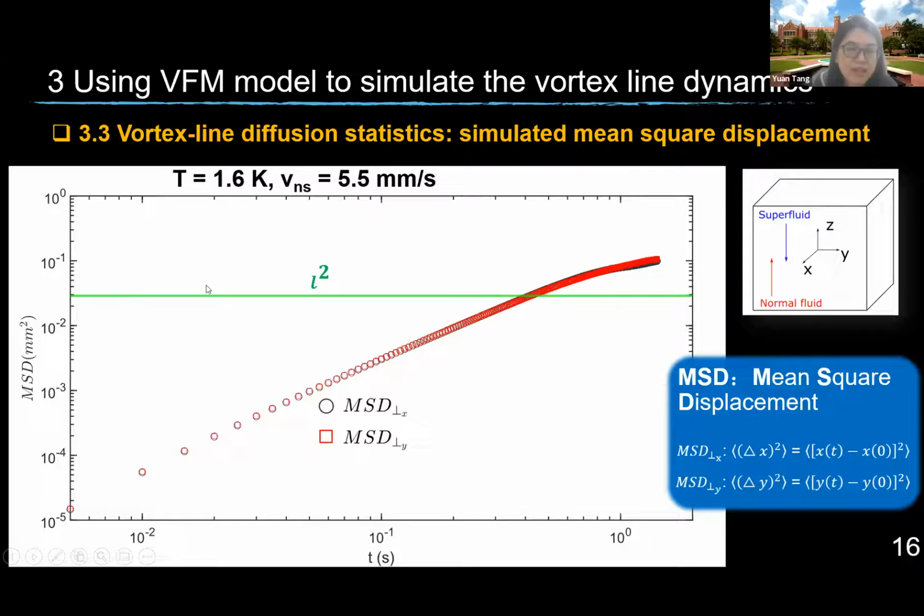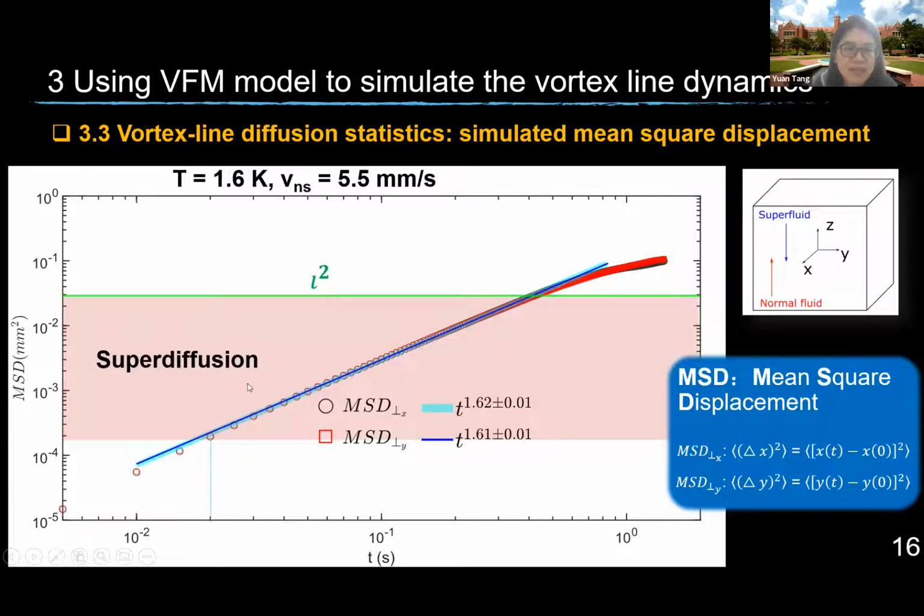This green line indicates the root of the mean square displacement equals the vortex line spacing. This line separates the data into different power law regions. We then fit the data shaded by red. Power law indexes of 1.62 and 1.61 are obtained, shown as the bold solid line and blue thinner solid line, which indicates superdiffusion.